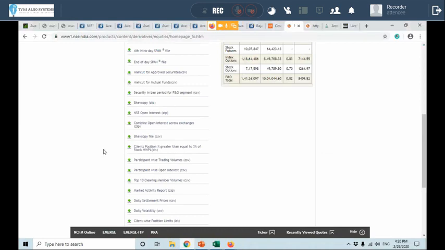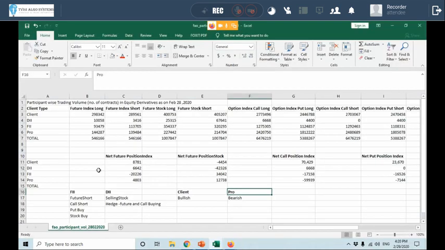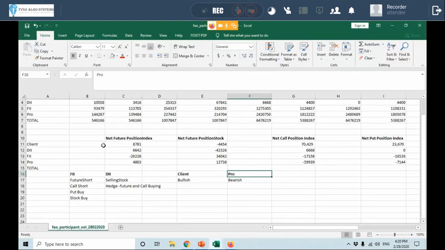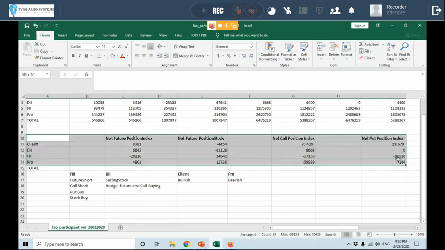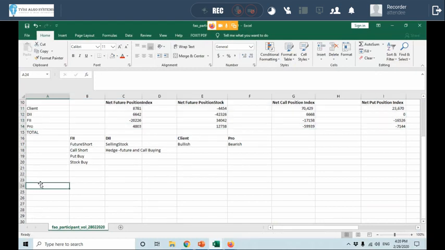So basically from this you need to download this, and what you need to do is every day, for example, this is today's card, this is Friday's data. We will have day by day data. For example, Friday was 28, this will be 27.